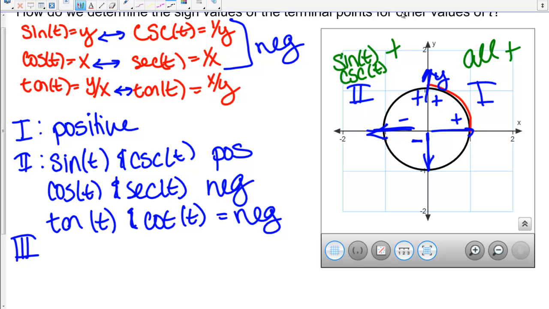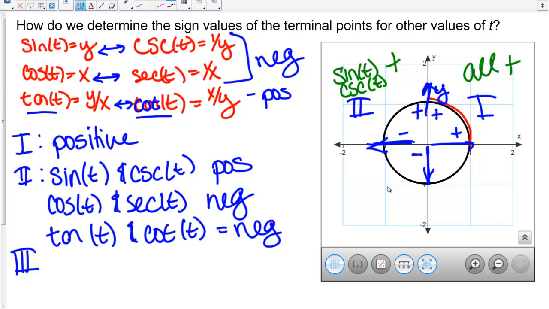But when we have negative divided by negative in the case of tangent, or negative divided by negative in the case of cotangent, then we get a positive. So here we have tangent of t and cotangent of t are positive.